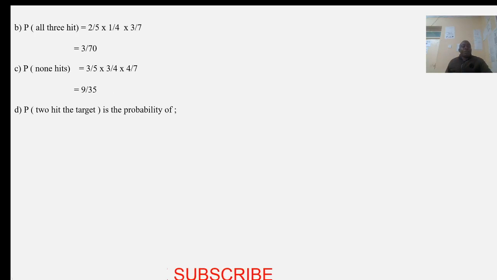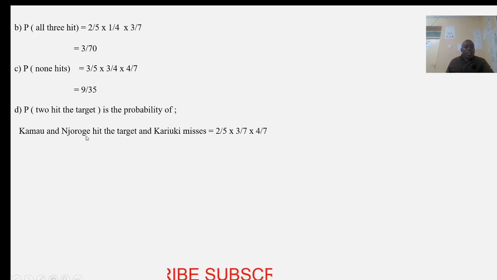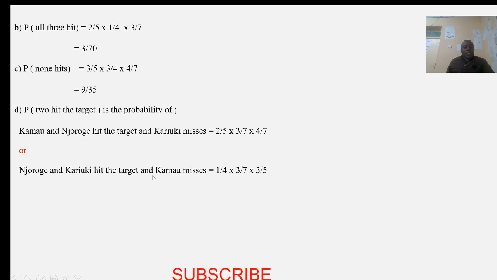And part D, probability 2 hit the target. 2 hitting the target is the probability of Kamau and Njoroge hitting the target, which means Karaoke misses. Or it can be Njoroge and Karaoke hit the target and Kamau misses, which is this.